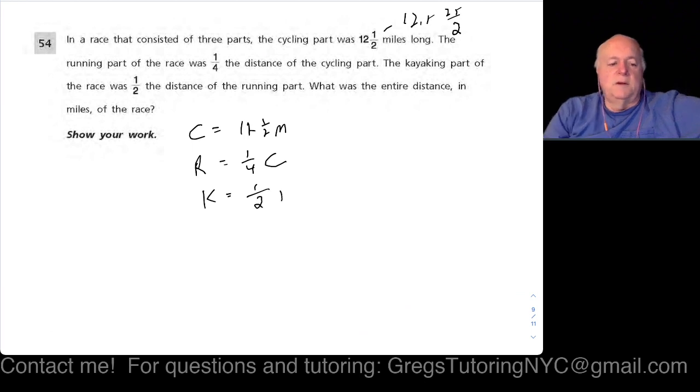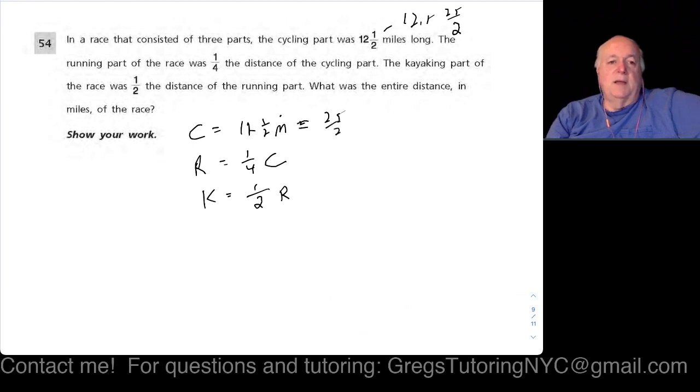Okay, so if you notice, there's kind of a cascade happening through each thing. All right, and there's lots of messy ways to kind of approach this. One way is to map this into a fraction. So we get to 25 halves. Okay, so C is equal to 25 halves of a mile.